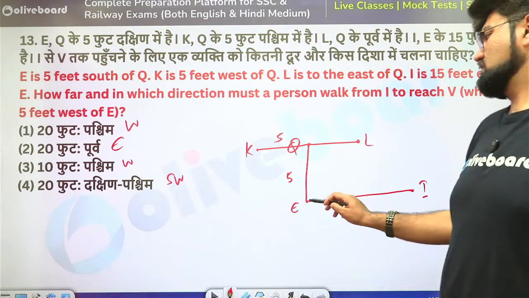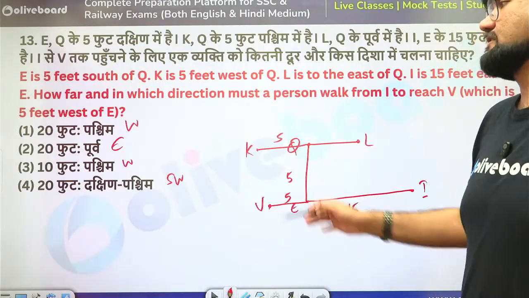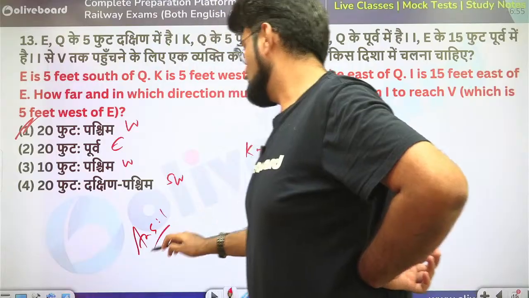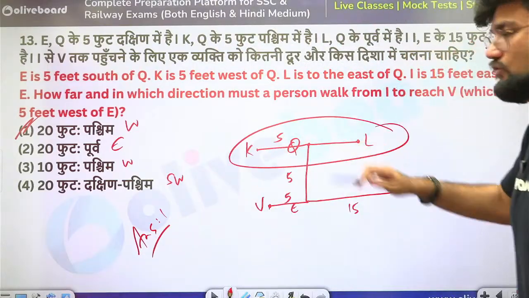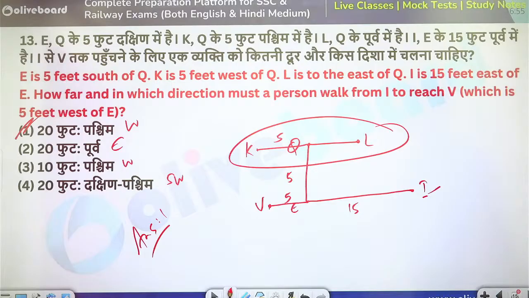Oh, this is very easy. 20 feet towards the west. Right? Easy question. So they had just given you this data to confuse you. It was a very easy question. Next.